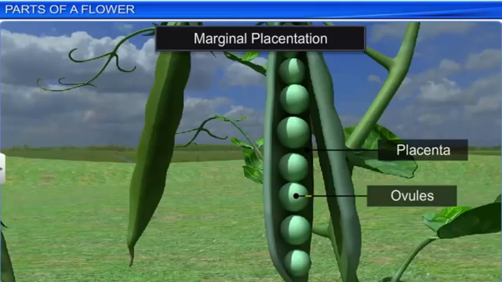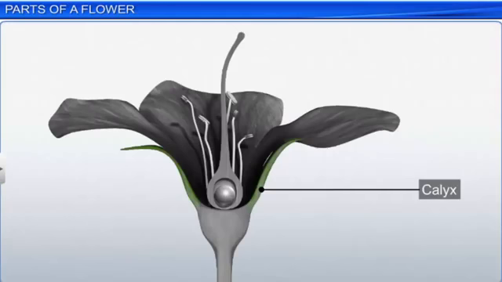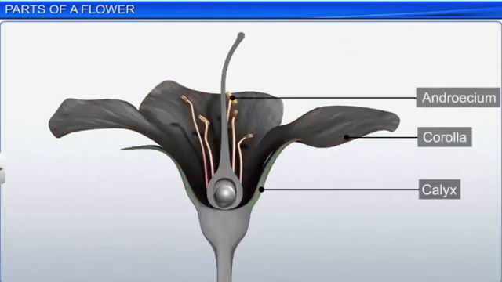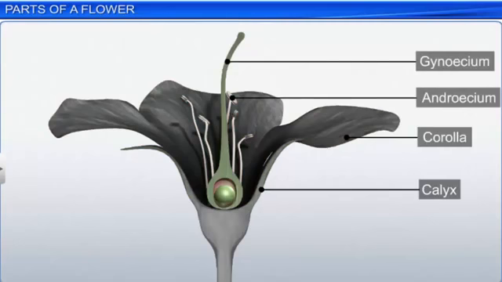The ovules are borne on this ridge in 2 rows, as seen in the pea plant. The calyx, corolla, androecium, and gynoecium are the 4 whorls of a flower. The calyx and the corolla are the accessory whorls, while the androecium and the gynoecium are the reproductive organs.